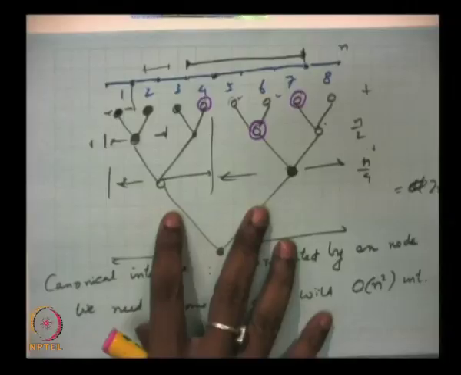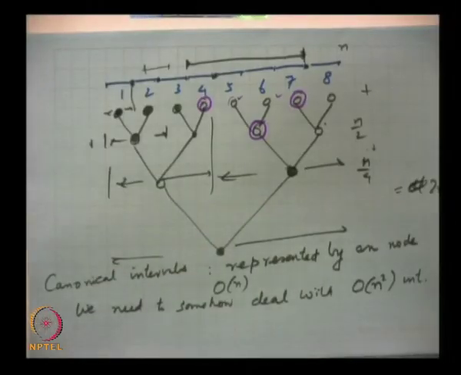But if this is true, then it is great, because now you see that if an interval can be stored using only order log n intervals as nodes of this tree, then when I am adding or deleting, I have to at most update order log n nodes of these trees.